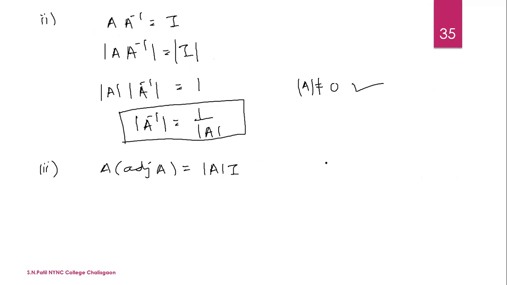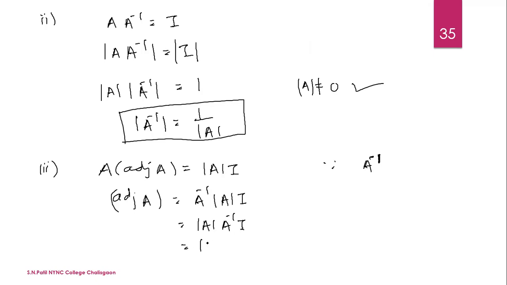Now since A is non-singular, A inverse exists. So here we pre-multiply by A inverse, then it can be written as adjoint of A is equal to A inverse into determinant into identity matrix. Now it can be written as determinant of A, this is the value, into A inverse into identity matrix, that is determinant of A into A inverse, since identity matrix times A inverse is just A inverse.